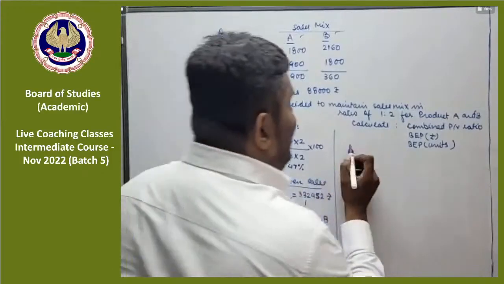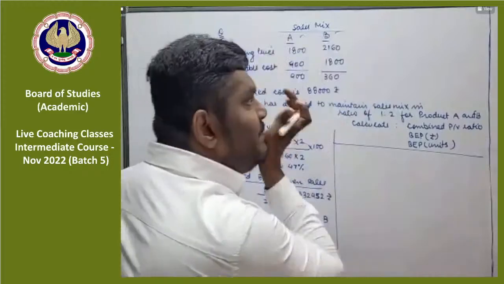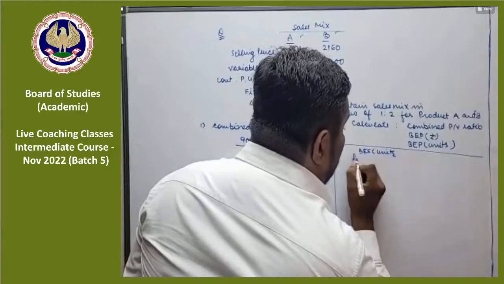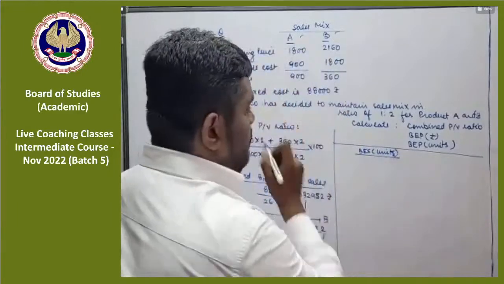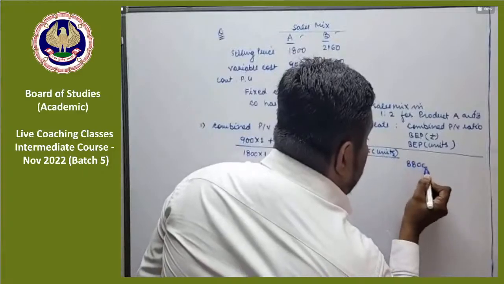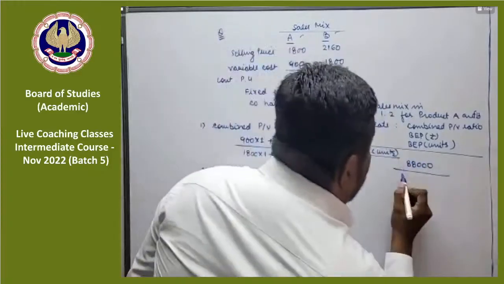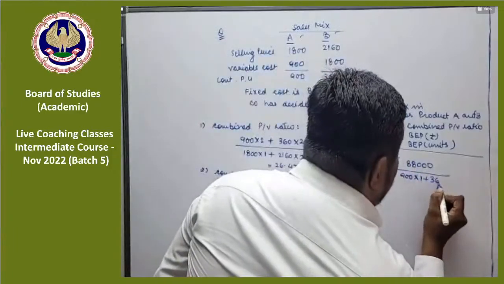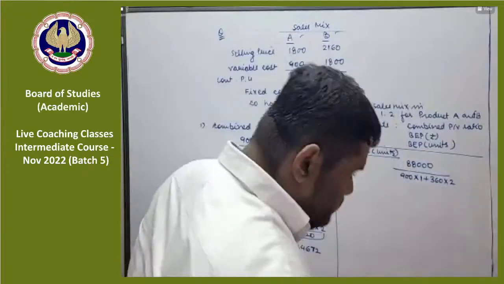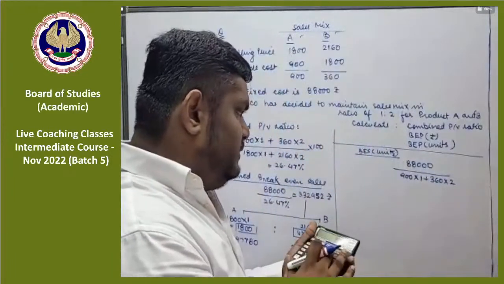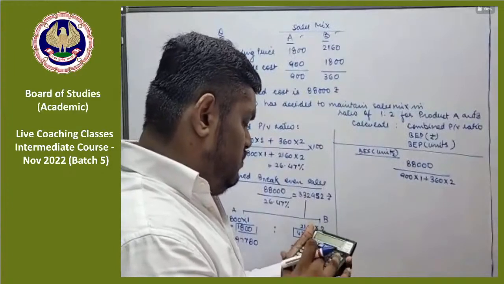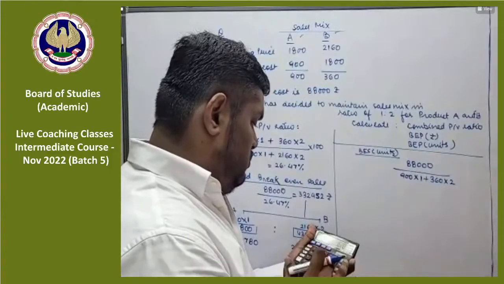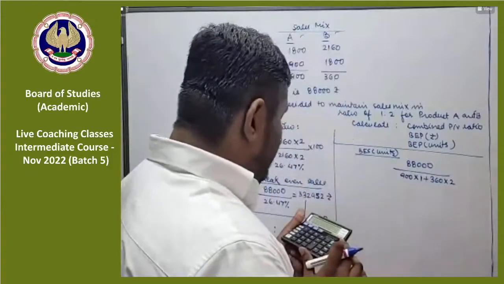So when talking about the calculation of break-even sales in units, very simple, guys. That is 88,000 divided by contribution per unit, that is 900 into the weightage of 1 plus 360 into 2. So the number of units is 54.32.